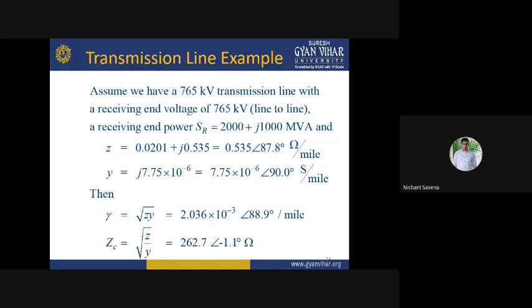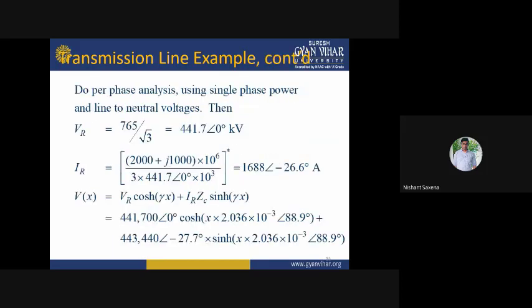And if I calculate the characteristic impedance, that is the square root of z upon y, which is giving me 262.7 angle -1.1 degree ohm. Okay, so in this way we have calculated the gamma and the ZC.